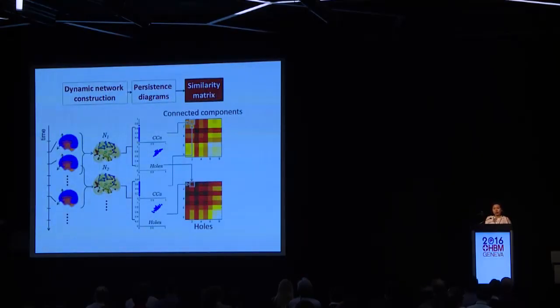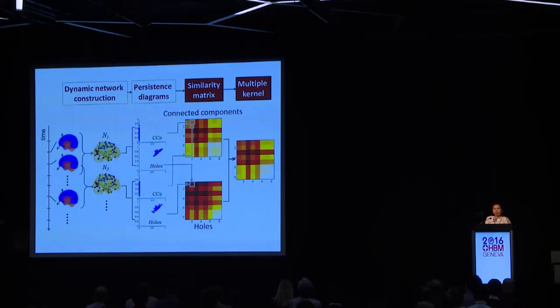This method can be applied to the persistence diagrams of connected components and persistence diagrams of holes. So we have 2 similarity matrices. The first one is for connected components, and the second one is for holes. Based on a multiple kernel technique, we linearly combine them and obtain one similarity matrix of networks from the perspective of connected components and holes.